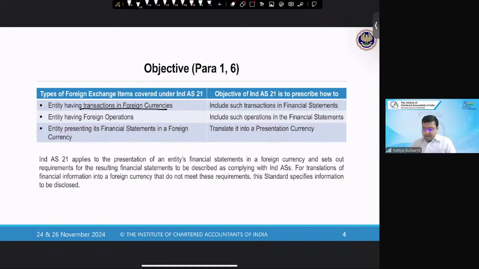Where you have an entity having foreign operations, then how to include such operations in the financial statements. The first case is a foreign transaction where you have sale, purchase, procurement of fixed assets, taking of a loan, etc. Regular foreign transactions. Foreign operations means I have a separate setup outside India. And now after the year is done, obviously my results should include the results.